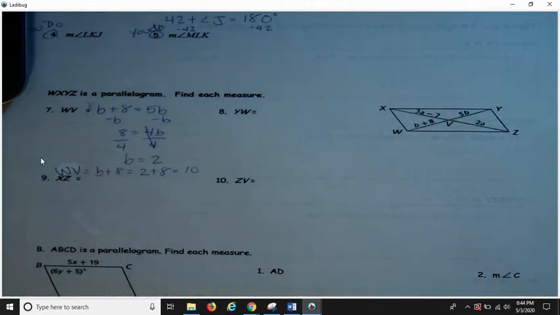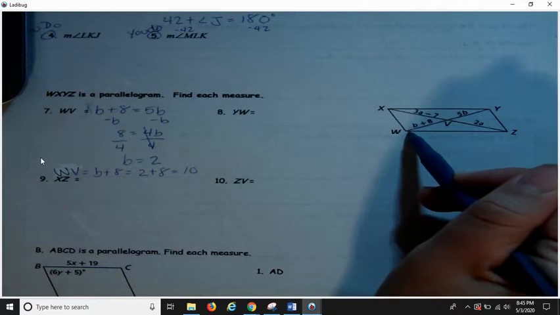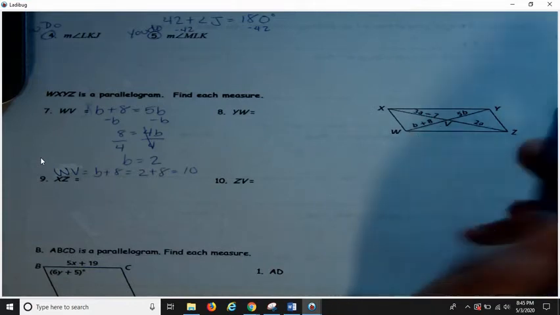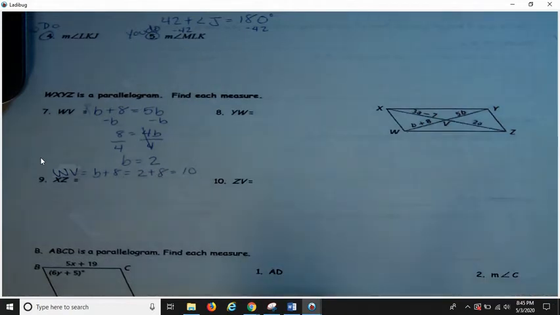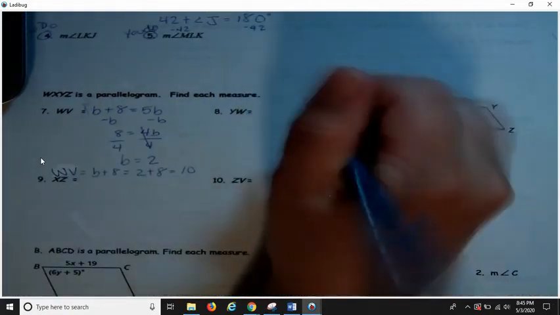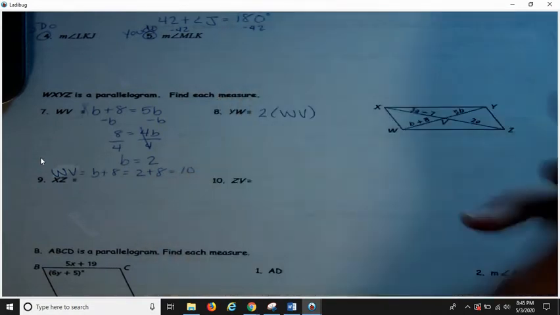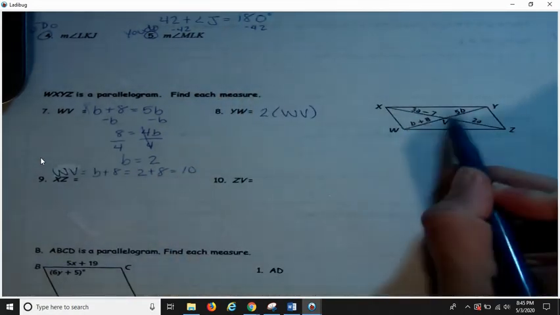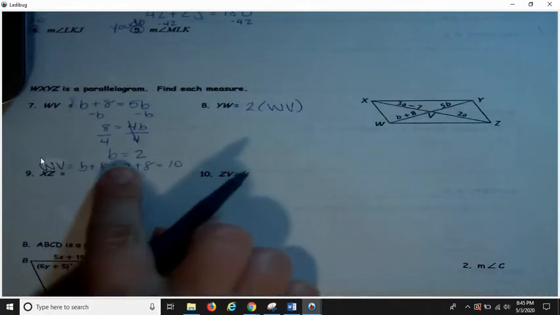Then we have YW. YW is this entire thing, right? Because this segment is equal to this segment, it should be 2 times the last one. So YW should be equal to 2 times WV. You also could say B plus 8 plus 5B if you wanted to, and then substitute this B in to solve for it.